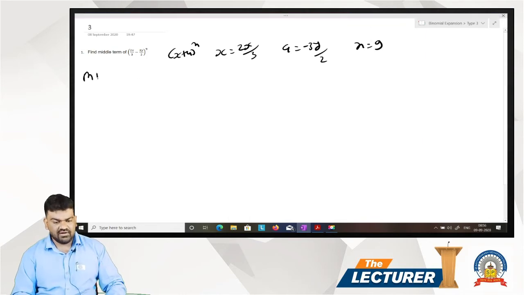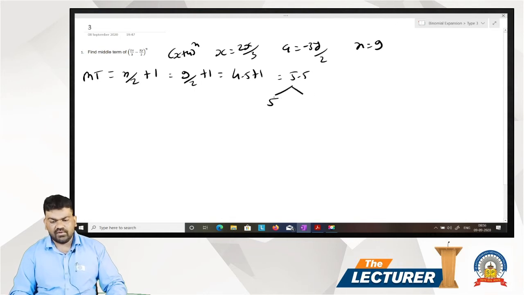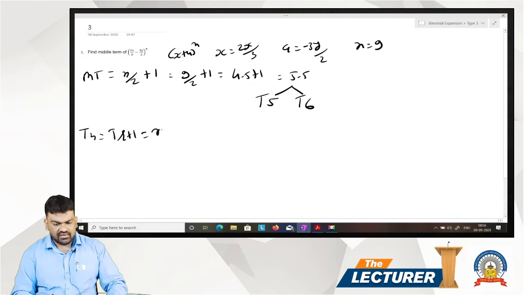Now what is middle term? Middle term is equal to n by 2 plus 1, 9 by 2 plus 1, that is 4.5 plus 1, that is 5.5. So we have to find out fifth term, that is T5 and T6. Tn is equal to Tr plus 1 NCR x raised to n minus r a raised to r.